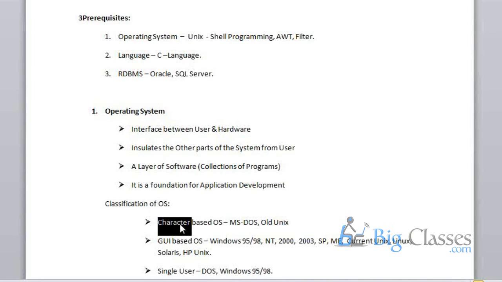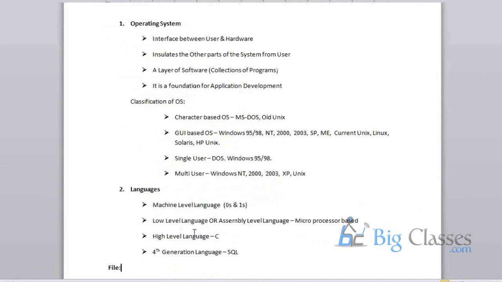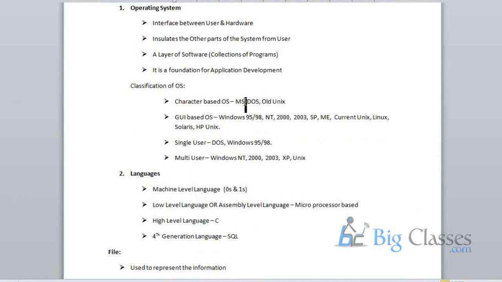Character based operating system. I don't know whether you have gone through this character based operating system. Let me list out the examples. MS-DOS is an example for character based operating system. That is Microsoft DOS, where DOS stands for Disk Operating System.